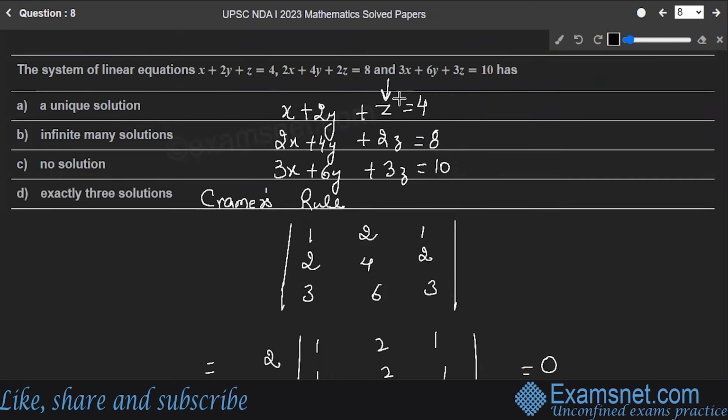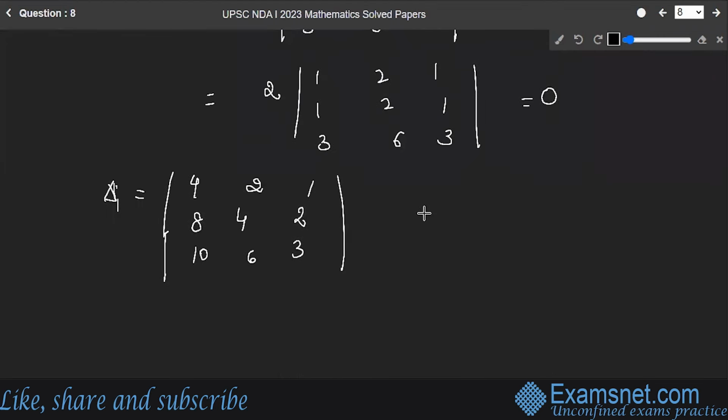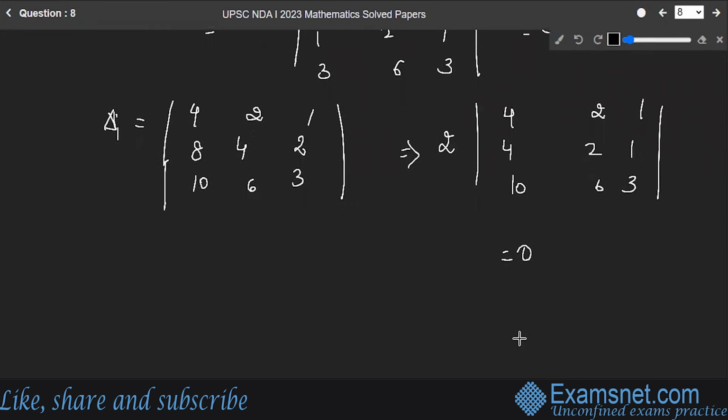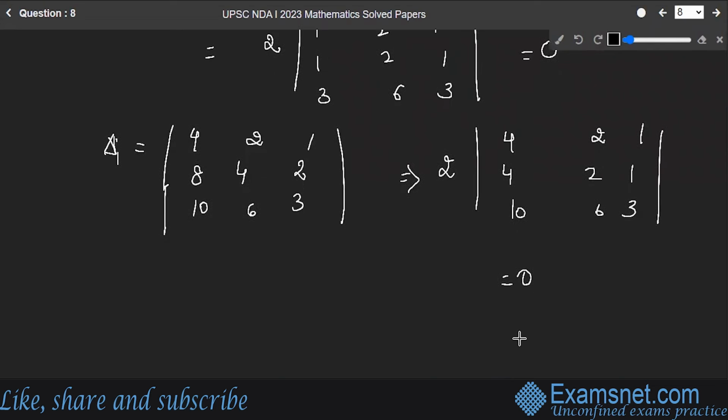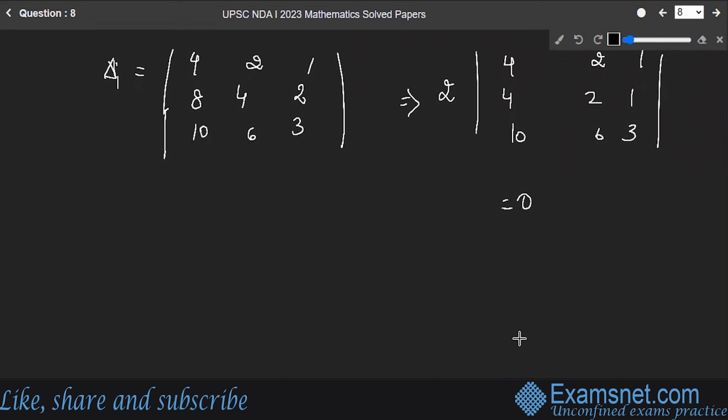I have taken the right hand side and y and x. So this determinant, again, I'll take 2 common from here. This will be 4, 2, 1, 4, 2, 1, 10, 6, 3. 2 rows are equal. That means this determinant is also equal to 0. Right? Okay.